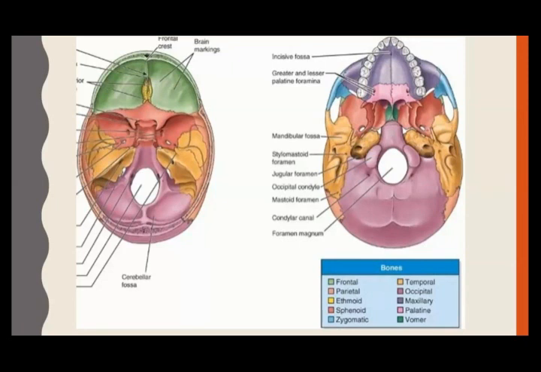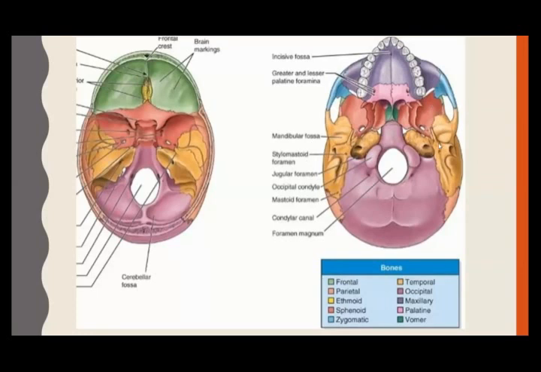This is the inner opening of the ear, called internal acoustic. Acoustic is anything to do with hearing. This is the basilar part of the occipital bone. And this foramen is the hypoglossal foramen, through which the hypoglossal, the 12th nerve, passes.